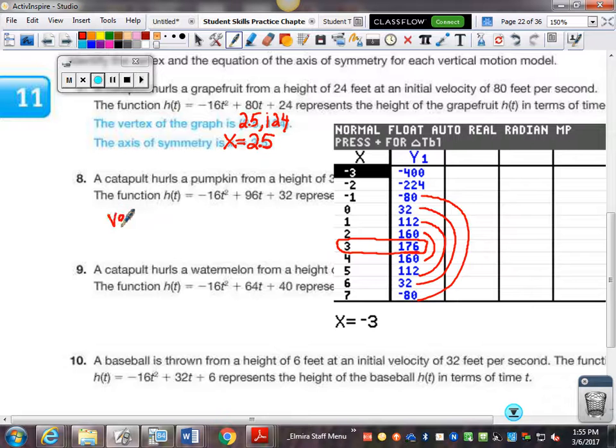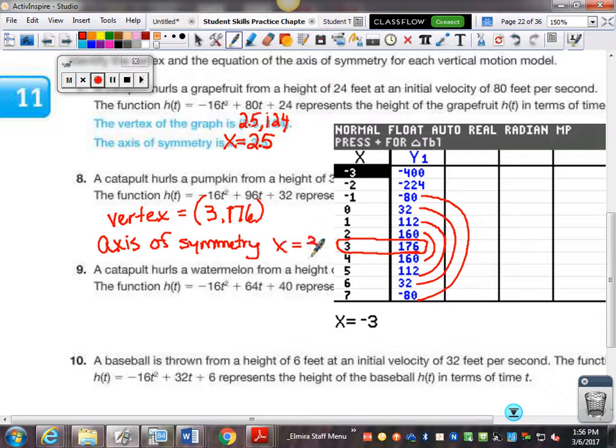So the vertex is 3 and 176, and my axis of symmetry is x equals 3.